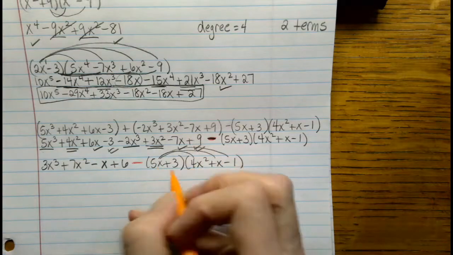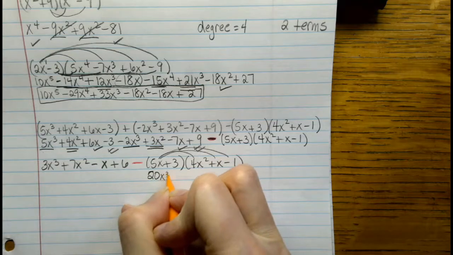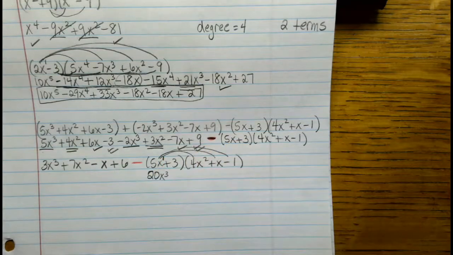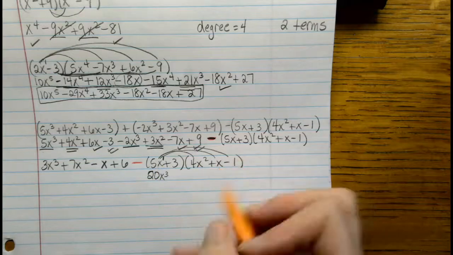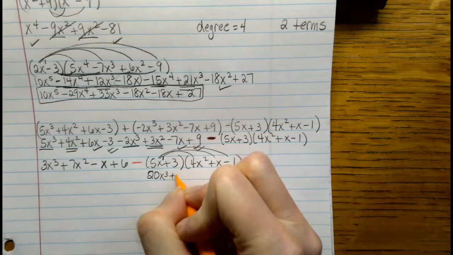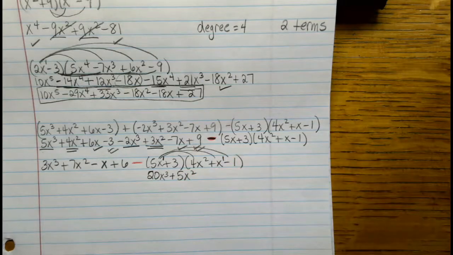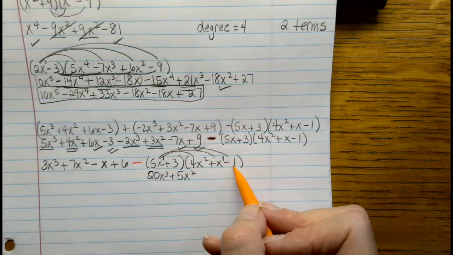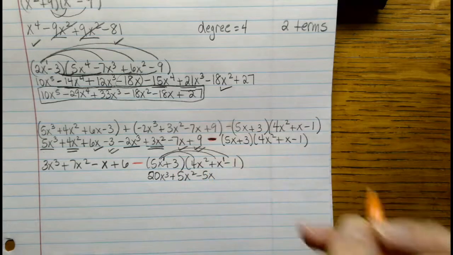So 5x times 4x squared, 5 times 4 is 20, x cubed. Again, this is x to the first. We add the exponents when we multiply. 5x times 1x is 5x squared. Again, this is x to the first. We add the exponents. 5x times 1, it's positive 5x times negative 1, which is negative 5x.